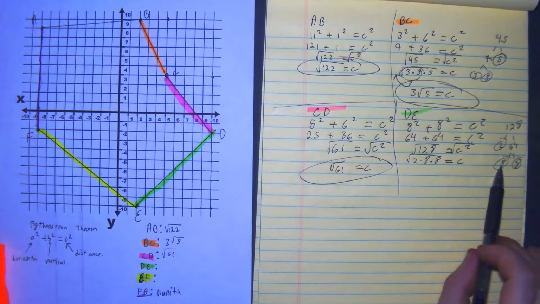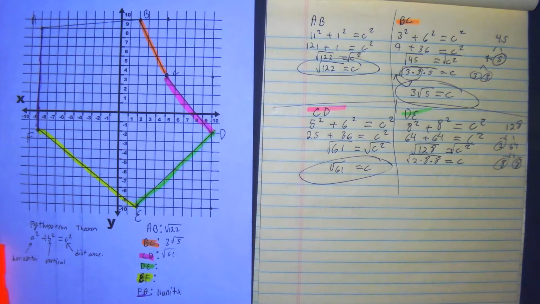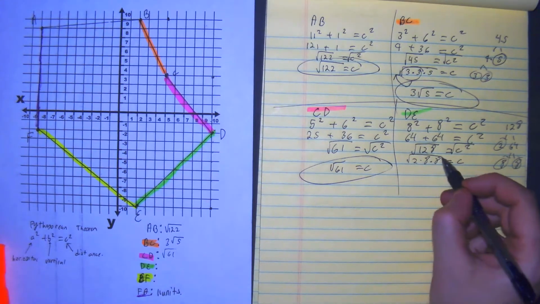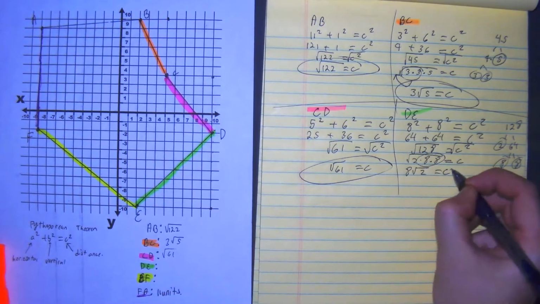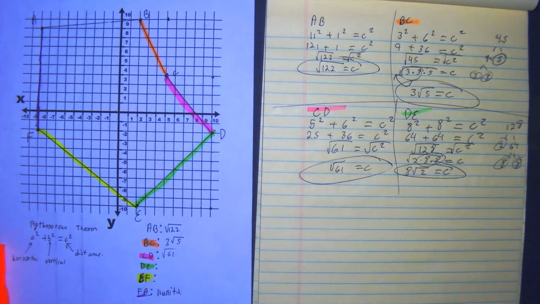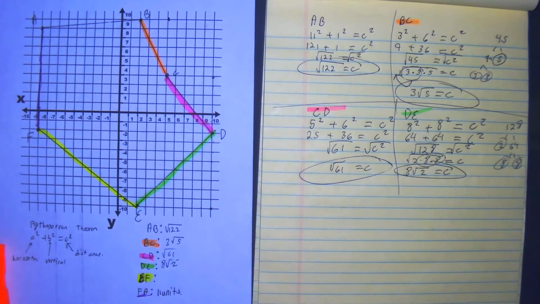I recommend breaking down the 8s if you can't see that they're both the same. I see 2 has no pairs, but the 8s do. You pull out the 8, square root 2 equals c. So right here, that simplified is 8 square root 2.